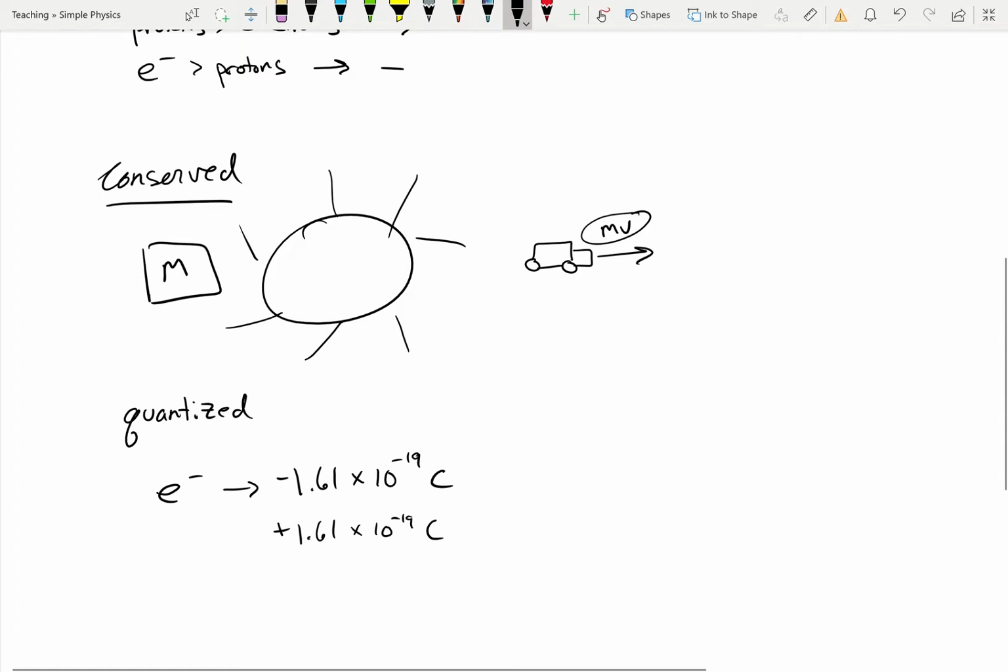So any value of charge, positive or negative, has to be some multiple of these numbers. Whether it's a million of them or whether it's just one of them, you cannot have half of this charge.